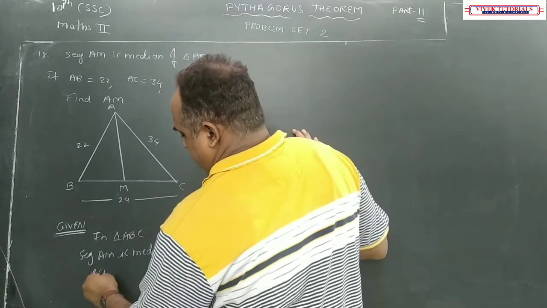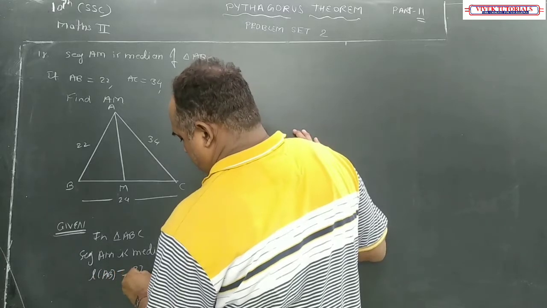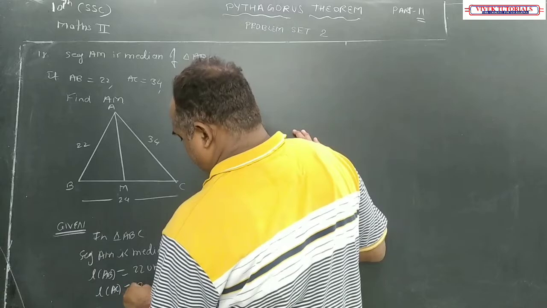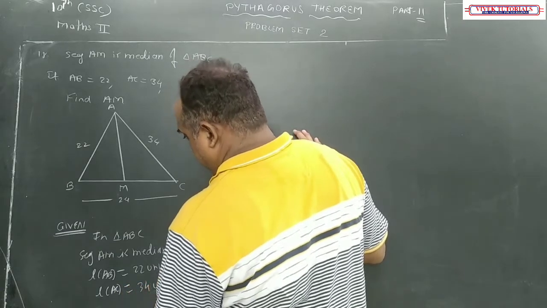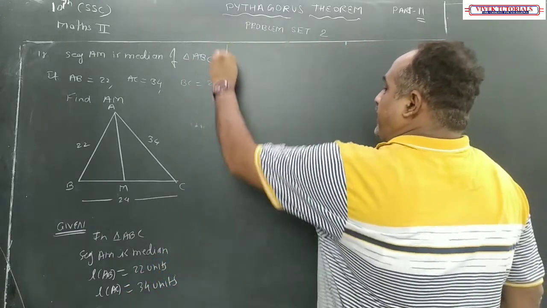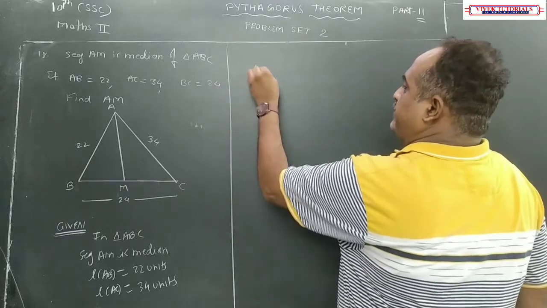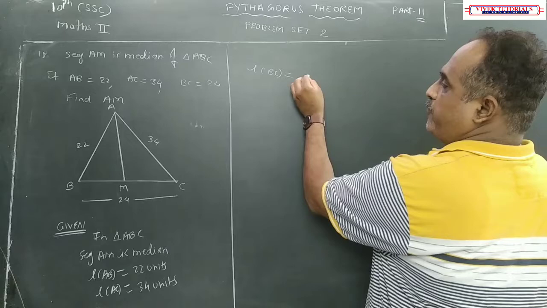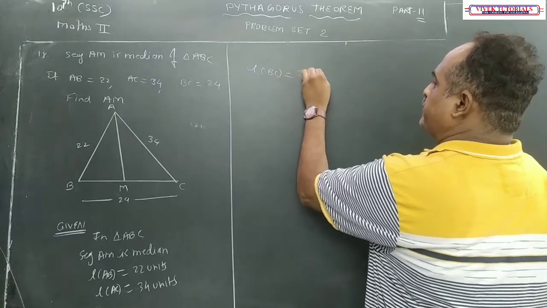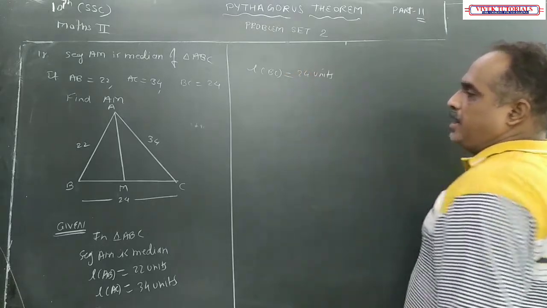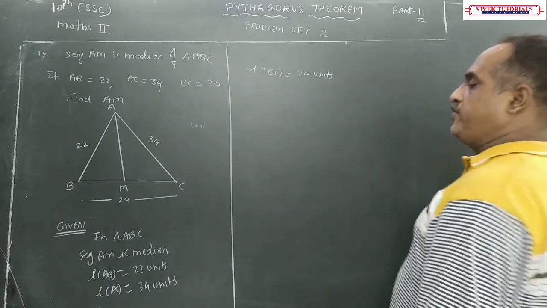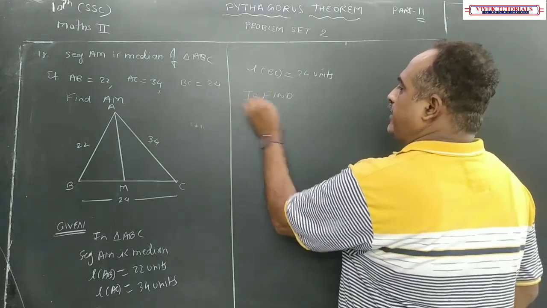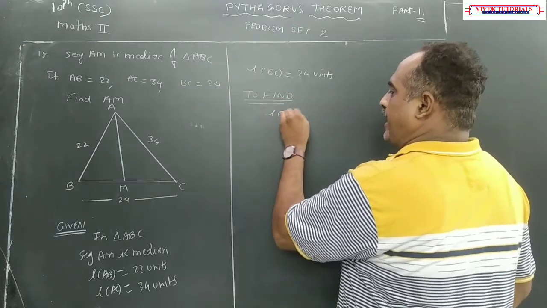AB, length AB is equal to 22 units. Length AC is equal to 34 units. And length BC is equal to 24 units. And what they are asked to find? To find AM, length AM.